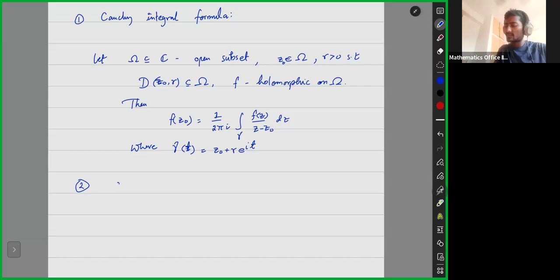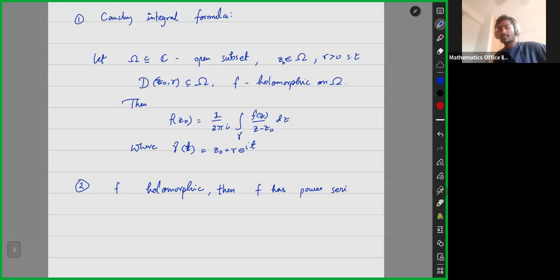Then in the same situation, the same omega is an open connected subset, or open subset, of C, and the disk D(z naught, R) is contained inside omega, then F is holomorphic, and F has a power series representation or power series expression in any disk inside omega.